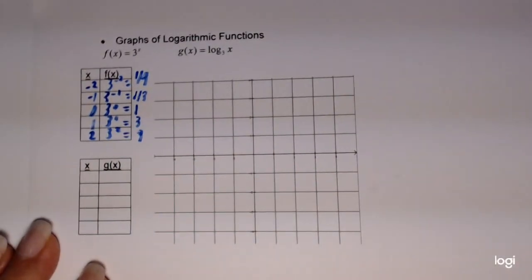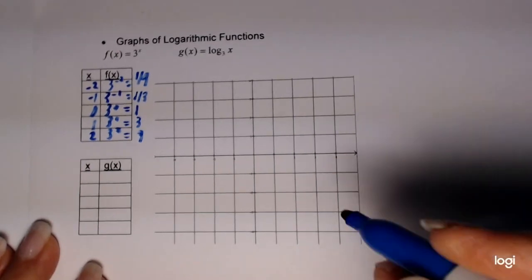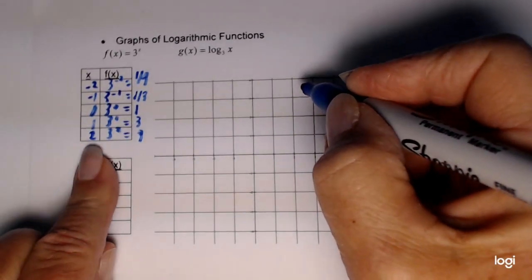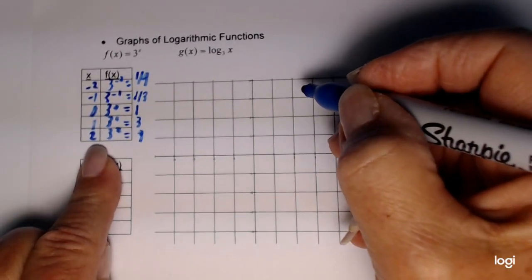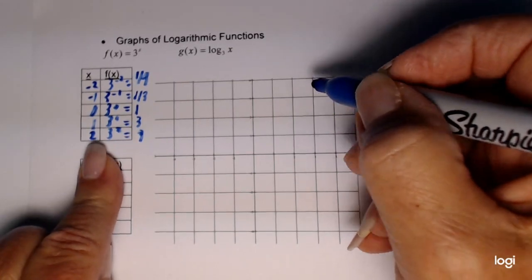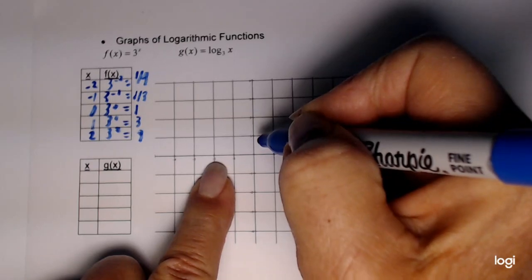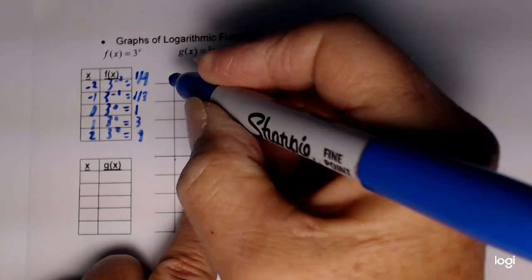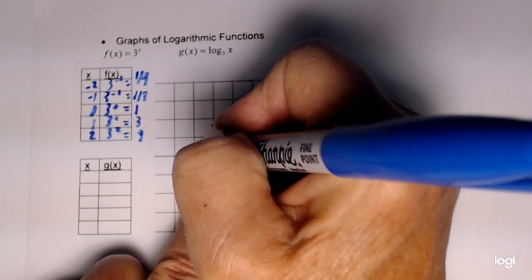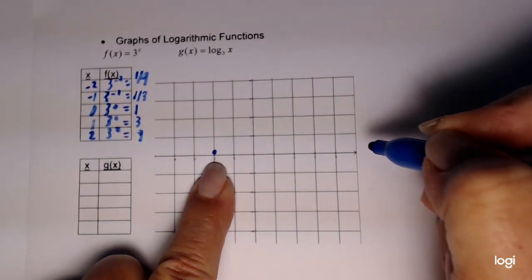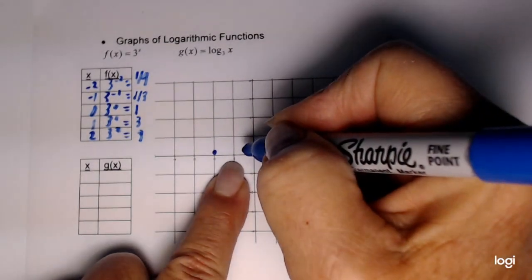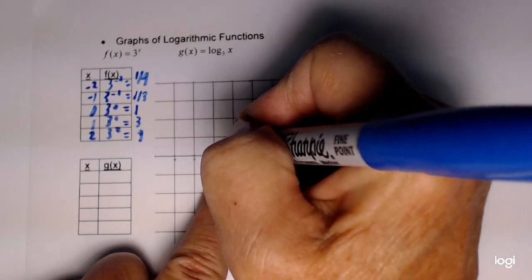And now to graph these, as we saw when we did these in exponential functions, they're approximations because the numbers can get very small and very big quickly. So when x is -2, we have 1/9. So it's a rough approximation there. When x is -1, we have 1/3.